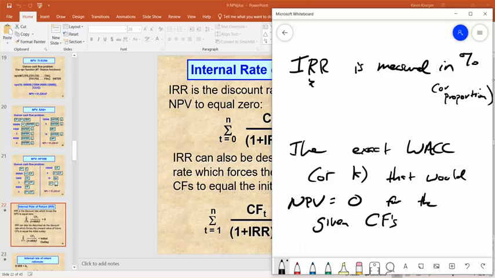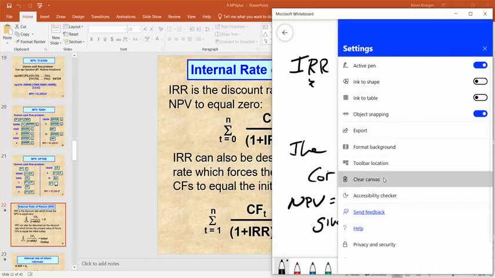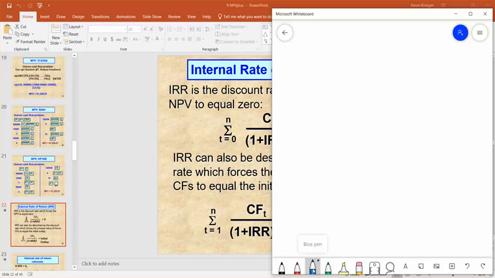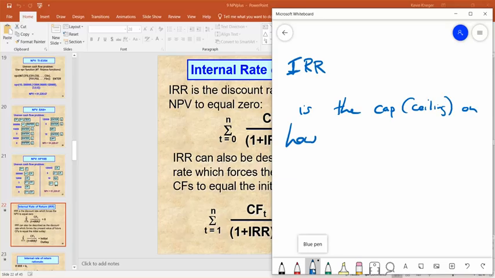But I kind of like this explanation a little bit more, so I'll share it with you as well. Right? I use this one in some other classes. And the IRR, right, is the cap or ceiling, right, on how high the costs, and I'm saying costs as a rate, and in particular your WACC or your K in these slides, like K in this book, right?